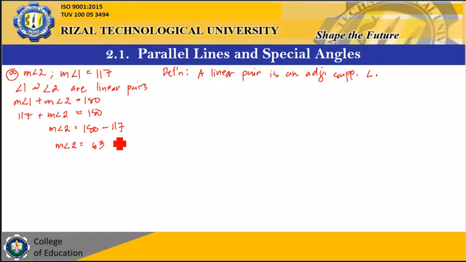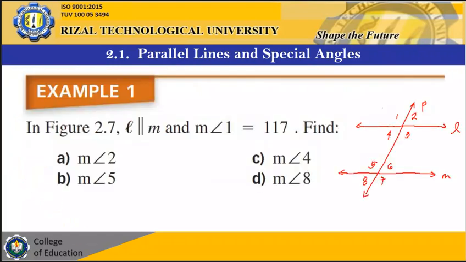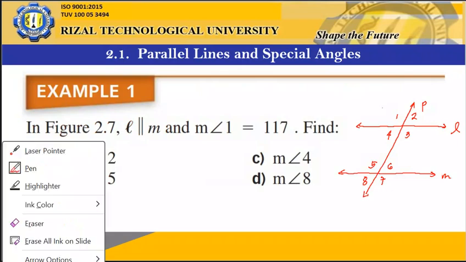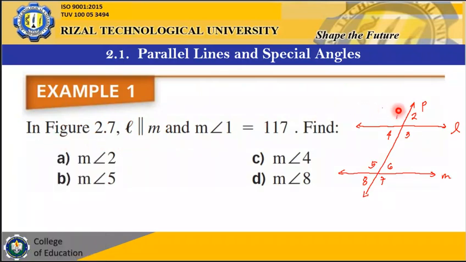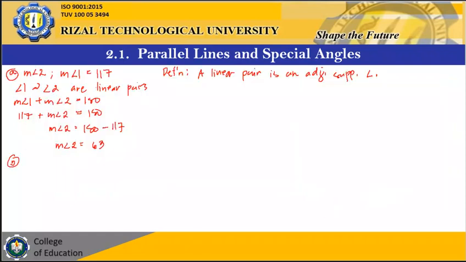Okay? Now, for letter B, we know that from the given figure, we can say that angle 1 and angle 5 are corresponding angles.